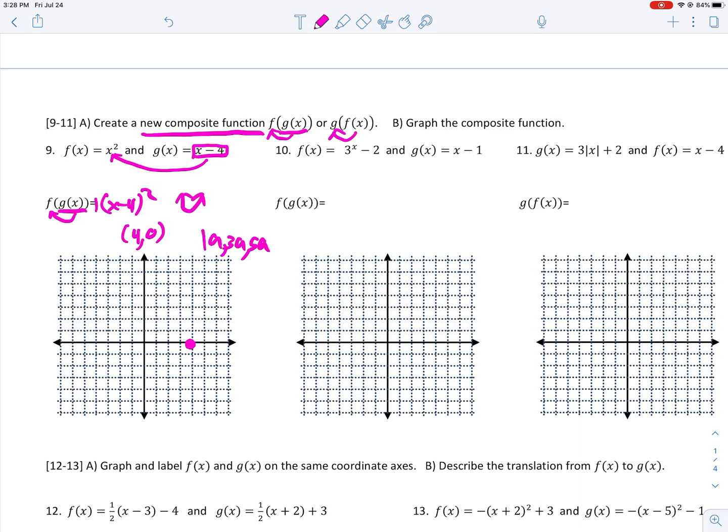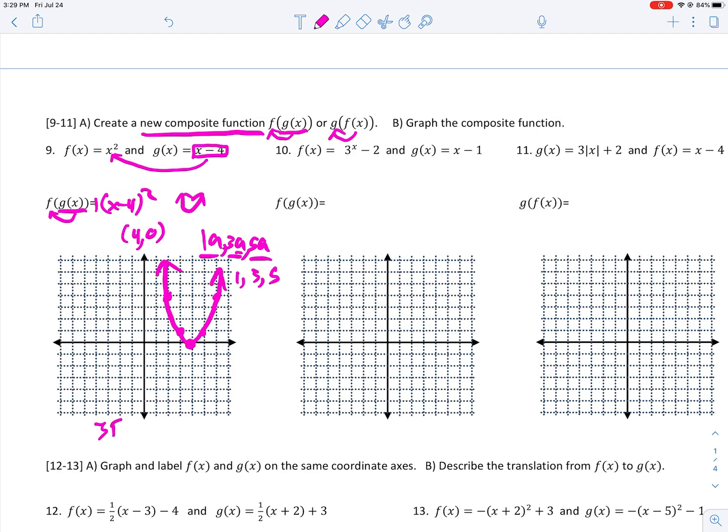Well, A in this case is 1, so right 1, up 1, left 1, up 1. Right, A is 1, so right 1, up 3, 1, 2, 3. Left 1, 1, 2, 3, and up 3. It's always left or right 1, it's up or down, whatever these turn out to be. Again, A is 1, so 1, 3, and 5. And there's your sketch.